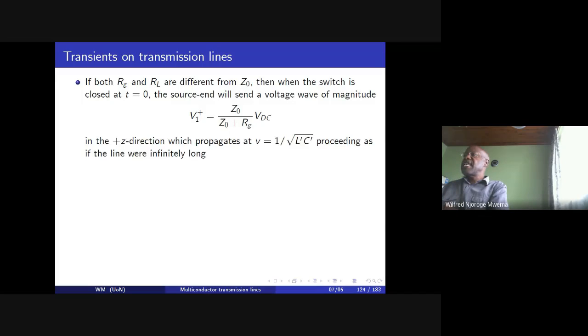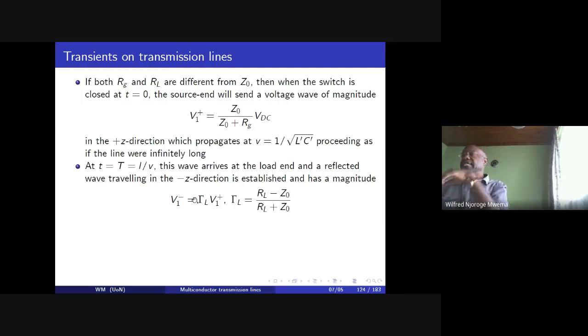It sees the line as an infinite line with a characteristic impedance of Z0, and therefore all it sees terminating the generator is a load impedance of Z0. This will propagate at a phase velocity v, the same value as we saw before, and it will proceed as if this line was infinitely long or matched.